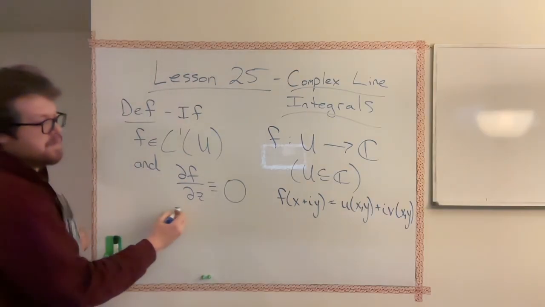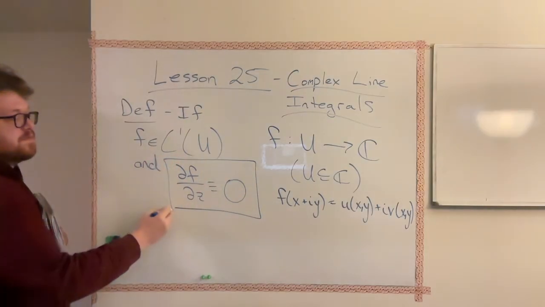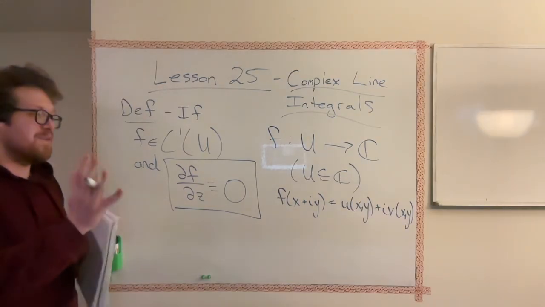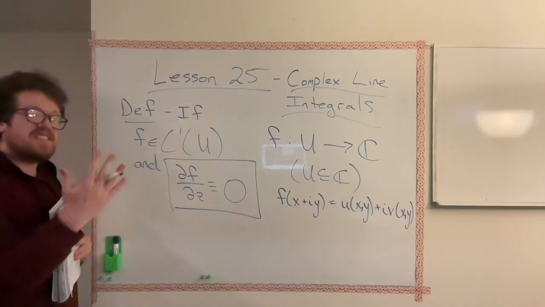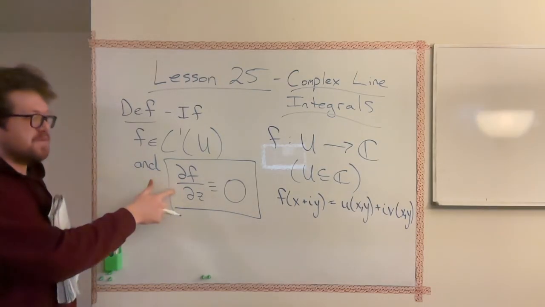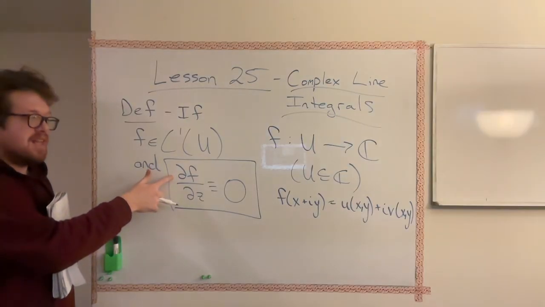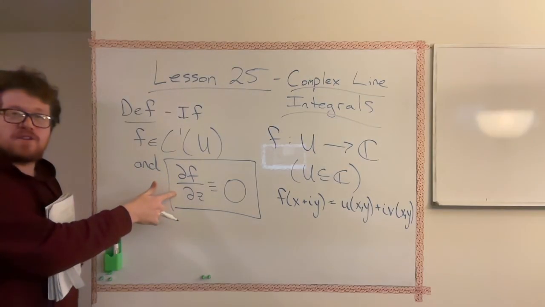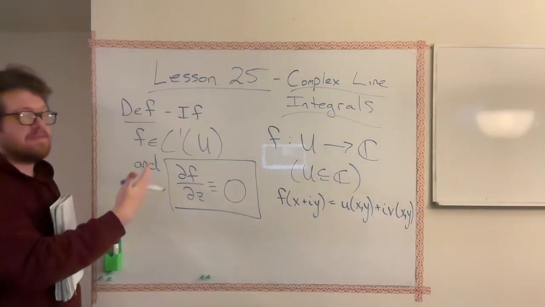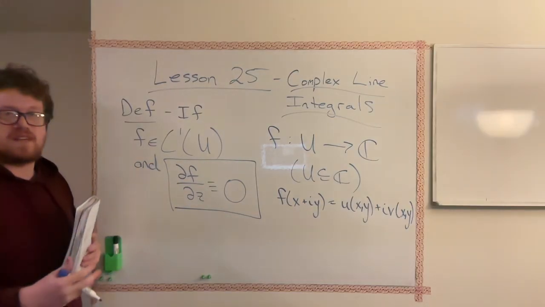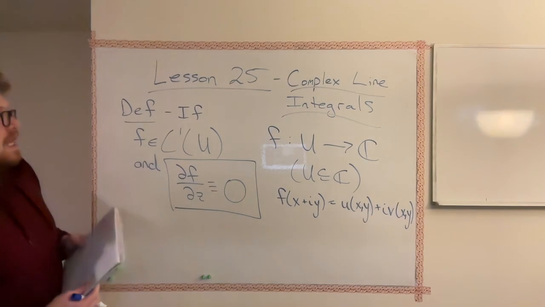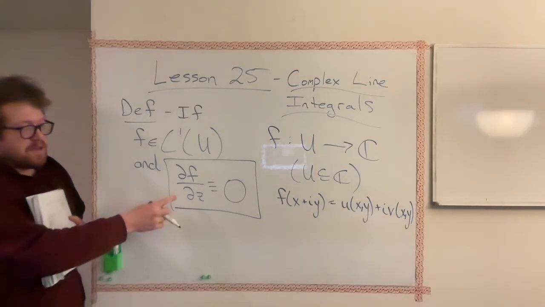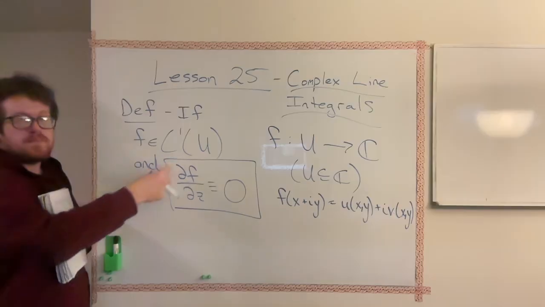But we were a little hand wavy or naive about what the definition of this was. Since z wasn't a real variable, it wasn't fully defined what the partial of f with respect to partial z even means. The book defines it as a linear combination of the real partial derivatives, so it's basically a placeholder.